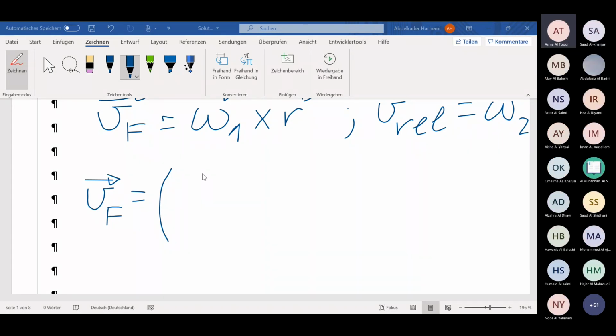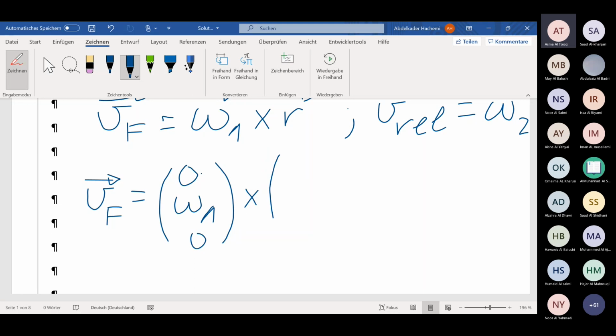That means if I write the components, there is 0 in x direction, omega 1 in y direction, and 0 in z direction. This is cross.